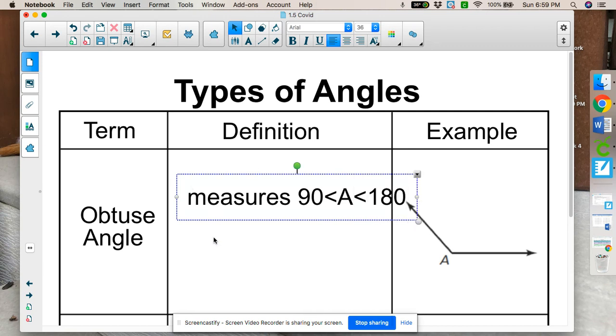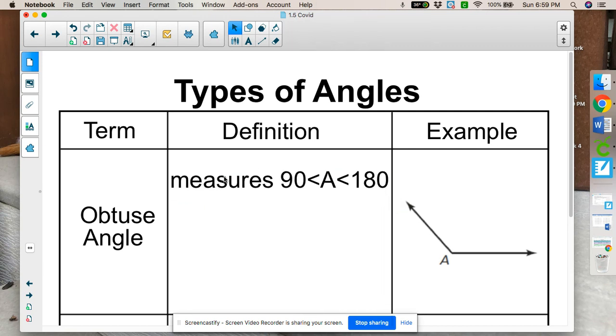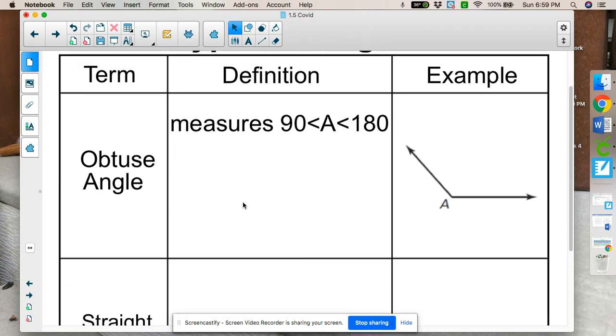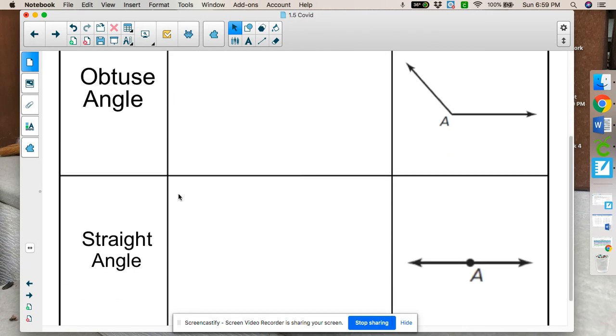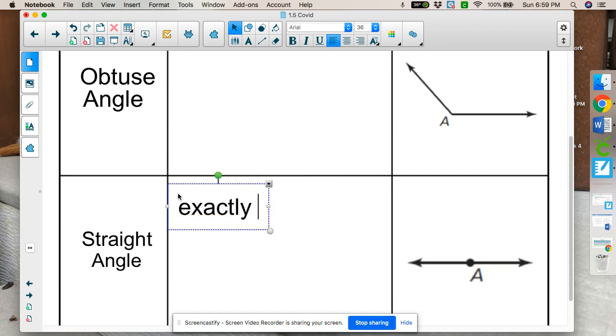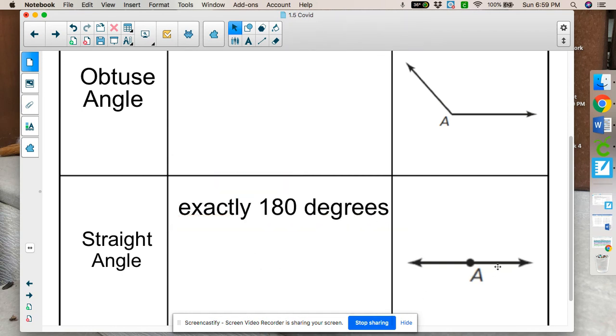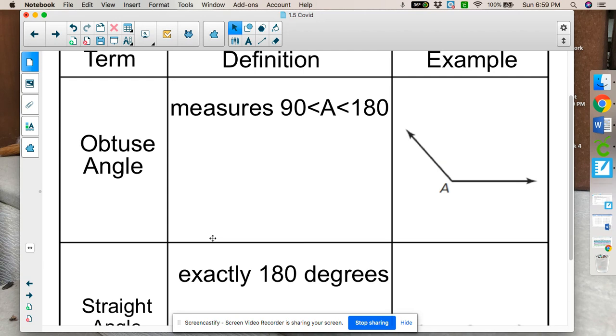So it's between 90 and 180 degrees, because we do have a special classification that is a straight angle, and this is when an angle measures exactly 180 degrees. So think of it as like a straight line. We've made one complete turn from this point here to this point here, so the measure of that angle is exactly 180 degrees.